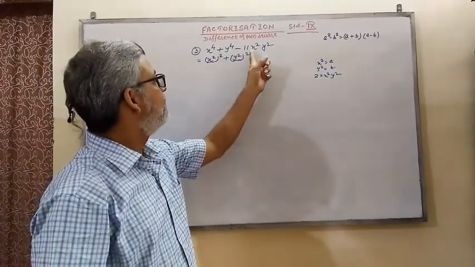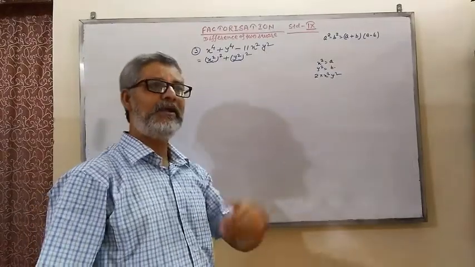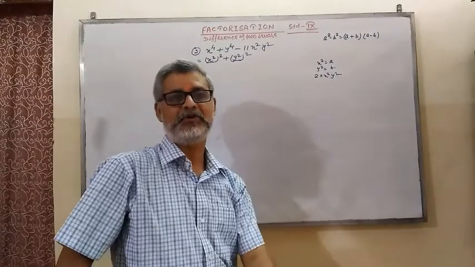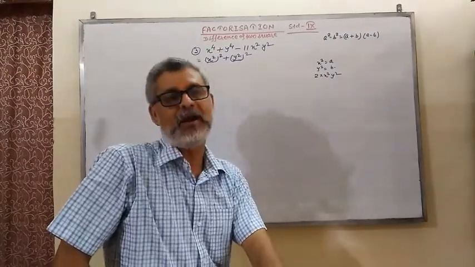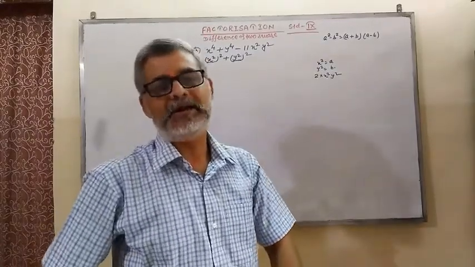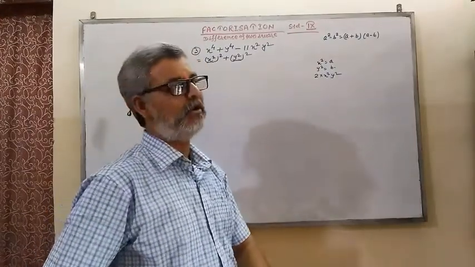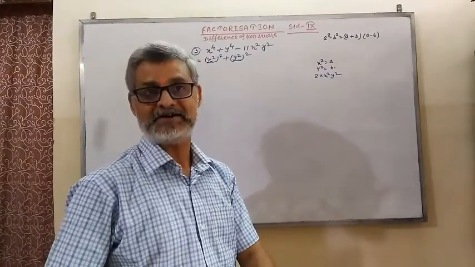But we are having minus 11x square y square. 2ab either positive or negative, there is no difference. If it is positive 2ab, then it can be written as (a plus b) whole square. And if we are having minus 2ab, then it can be written as (a minus b) whole square. So it depends on the situation. We are having positive 2ab or negative 2ab, we can adjust it.